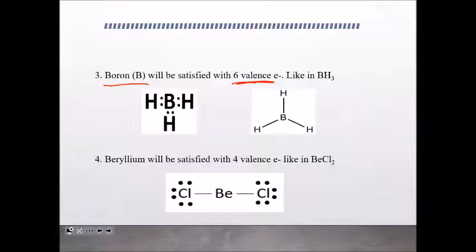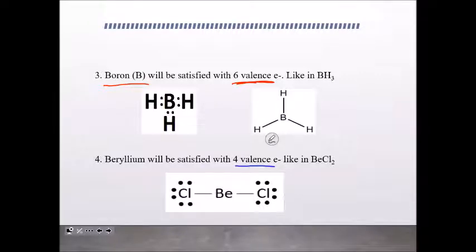The other one that's a little crazy here is beryllium. Beryllium's a metal. Why is beryllium engaging in covalent bonding when most metals do ionic bonding? Well, it does. It's just the way it is. It does some covalent bonding, but it only needs 4 valence electrons to be satisfied.